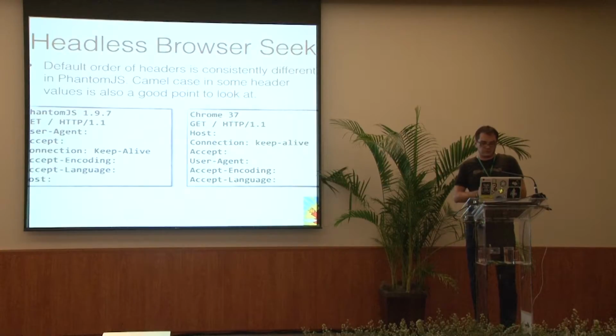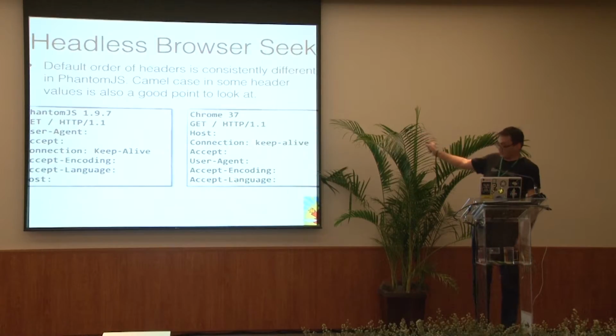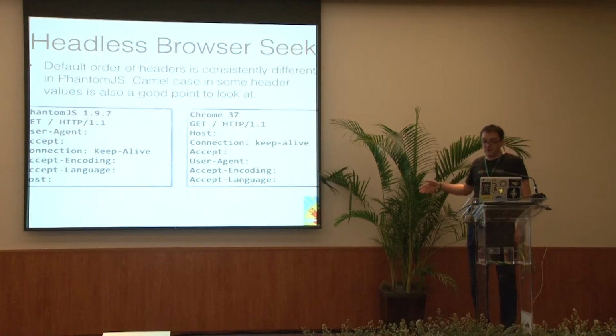One of the major differences is that in all major browsers except Opera, the Host header is the first header in the header list. In the case of PhantomJS, the Host header is the last one. So it's a pretty good indication that it's not a real browser that visits your website.